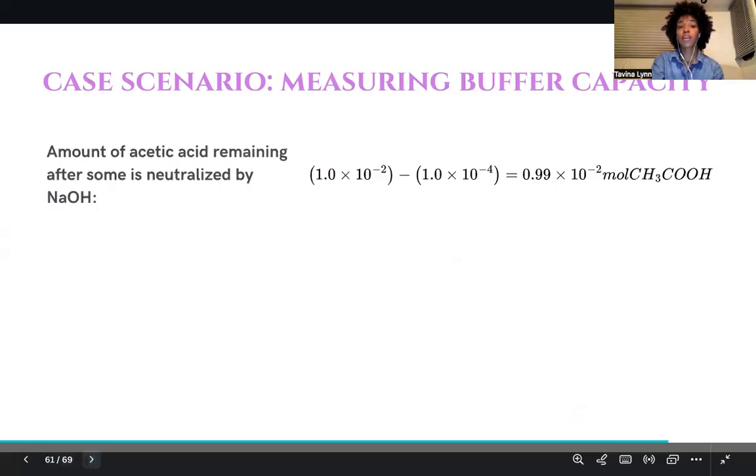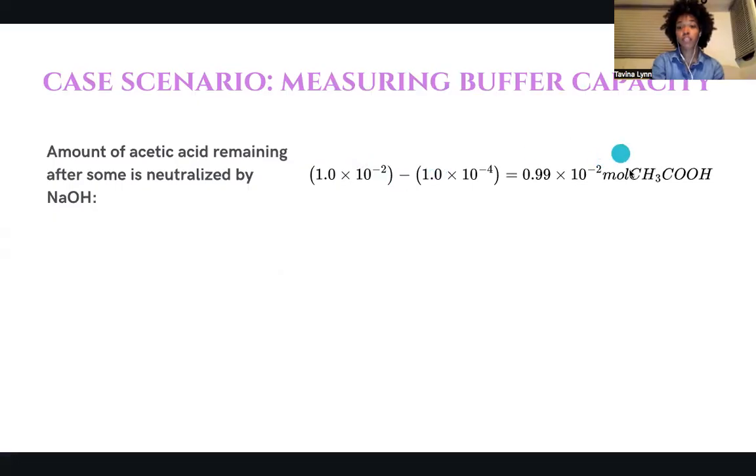So from there, we want to calculate how much acetic acid and acetate will be left over after it's neutralized with sodium hydroxide. So we're going to subtract the molar amounts of sodium hydroxide from our initial molar amounts of acetic acid and acetate. So here I'm showing us doing this for acetic acid. So this is our initial molar amount of acetic acid minus the moles of sodium hydroxide.